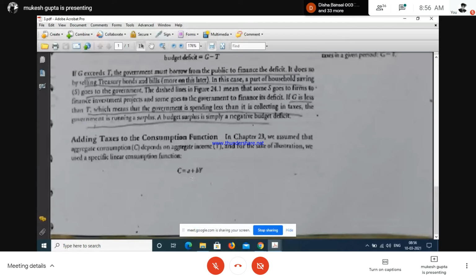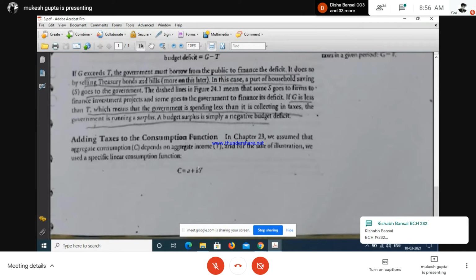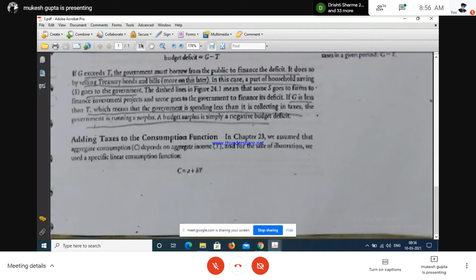Consumption expenditure is given by the equation A plus BY, the consumption function. A is the autonomous consumption expenditure, the consumption of the household when Y becomes zero. And B says the responsiveness of consumption expenditure to a change in income.